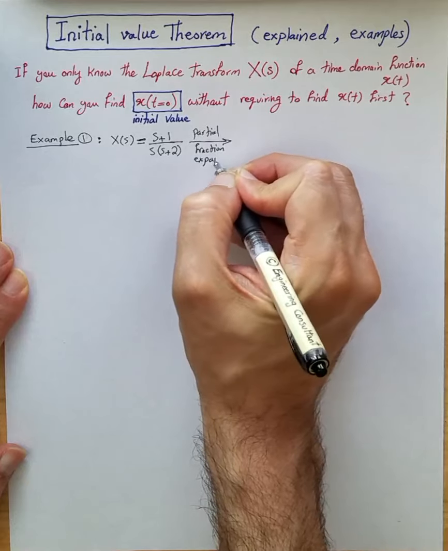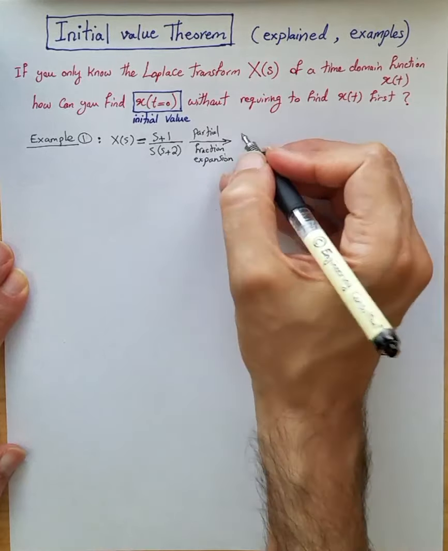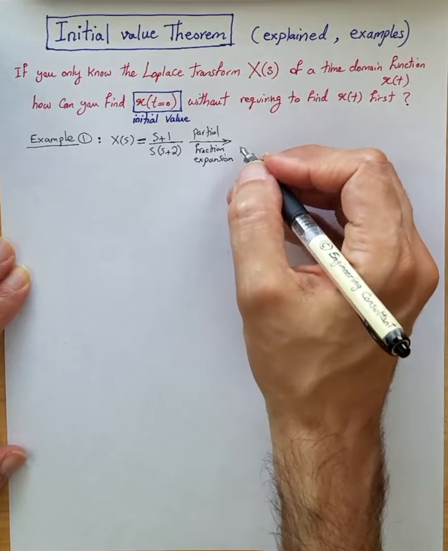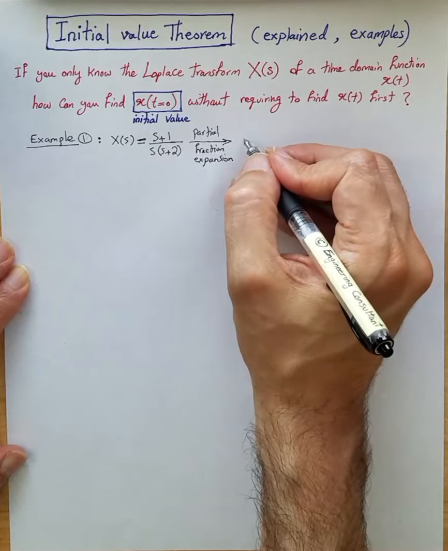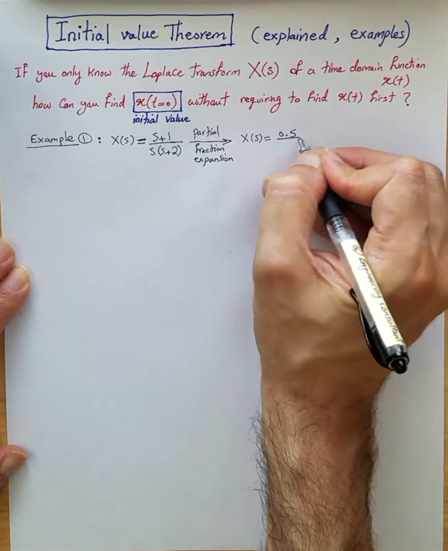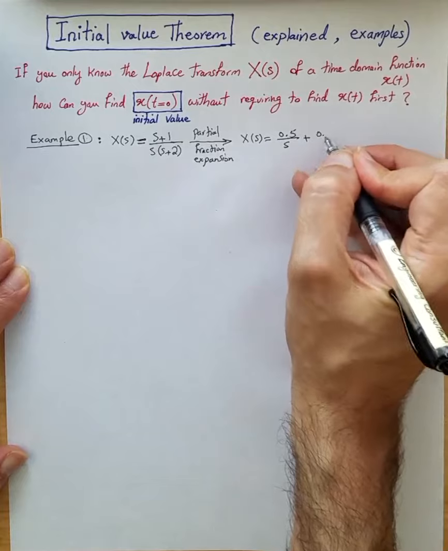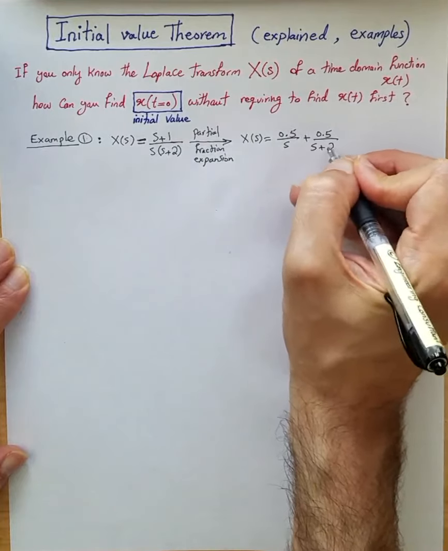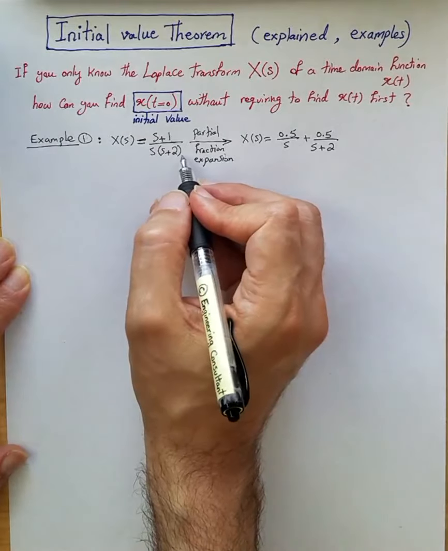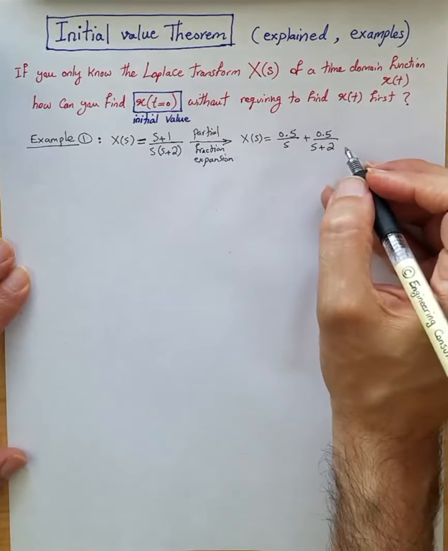I'm just trying to illustrate why we need this initial value theorem, how it can be useful. Using partial fraction expansion, this X(s) is also equal to 0.5 over s plus 0.5 over (s plus 2). You can easily see that this is exactly equal to what is written here.